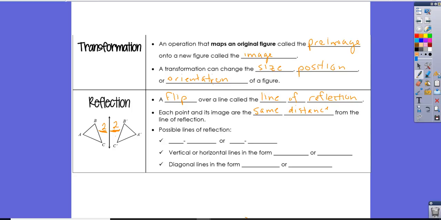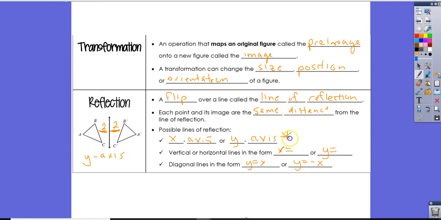All right, possible lines of reflection. Usually we're going to have the x-axis or the y-axis. Right here, this is a flip over the y-axis. Okay, vertical or horizontal lines in the form of x equals a number or y equals a number, or diagonal lines in the form of y equals x and y equals negative x.